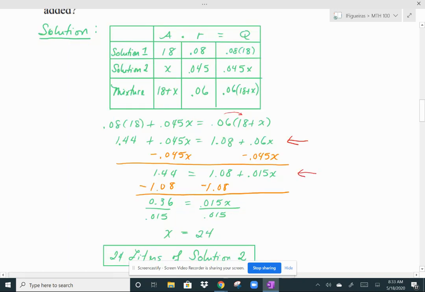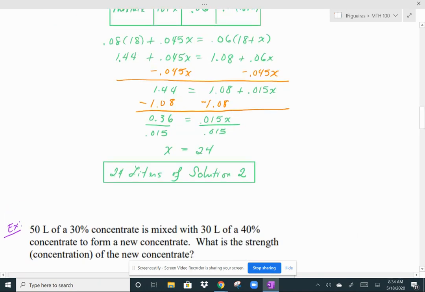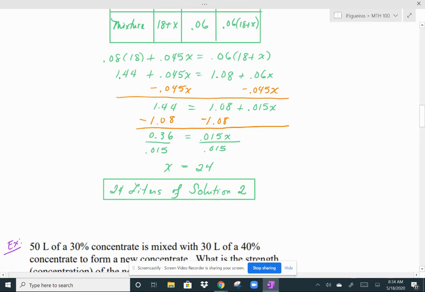So I have 1.44 equals 1.08 plus 0.015x. Now I need to move the 1.08 over to the left. So subtract 1.08. We get 0.036 equals 0.015x. Divide by 0.015, and we get that x is equal to 24. Remember, x is an amount in liters, so you need 24 liters of solution 2 to create a 6% mixture.